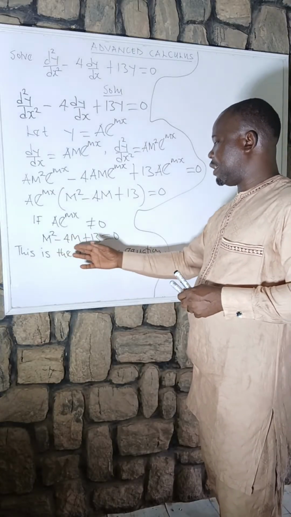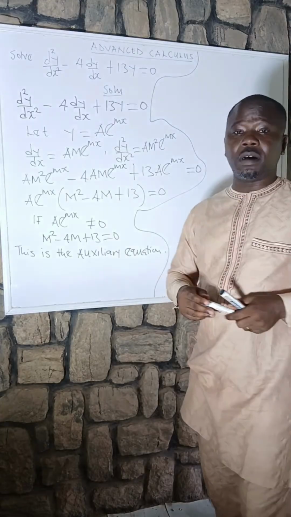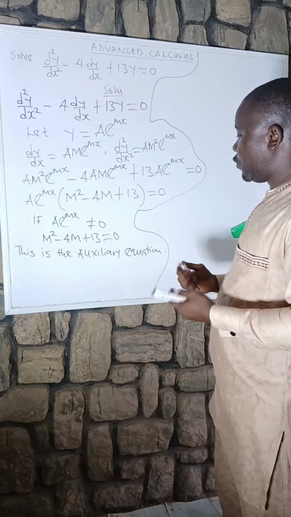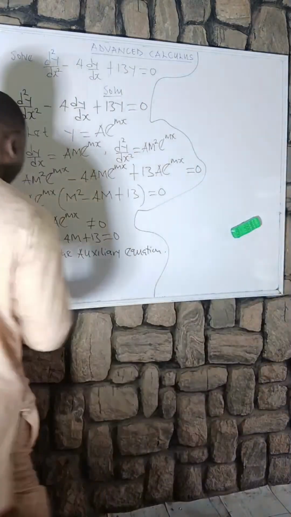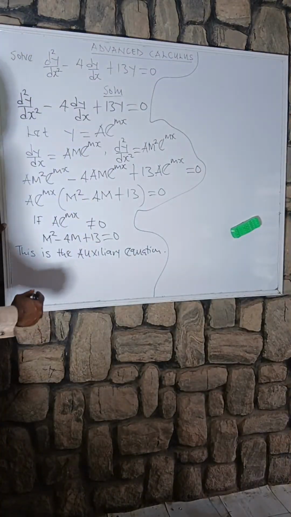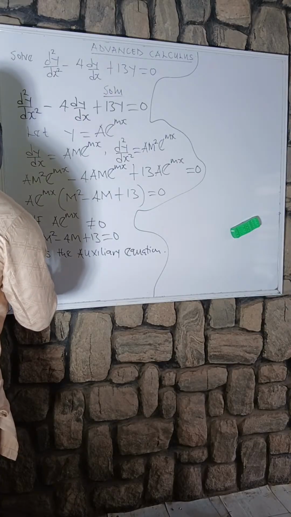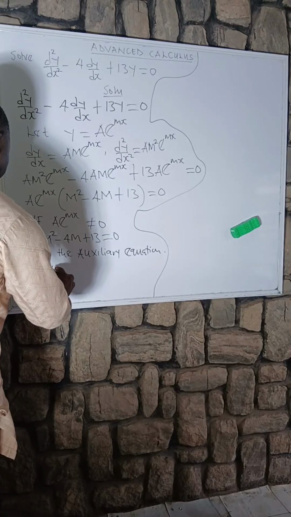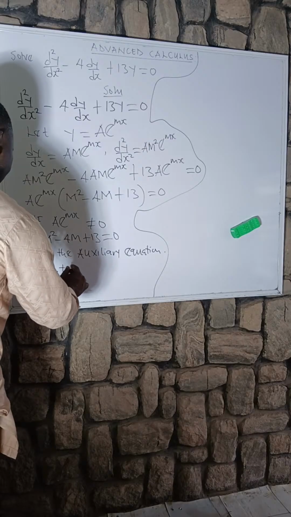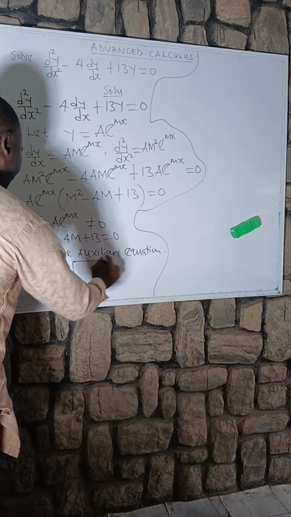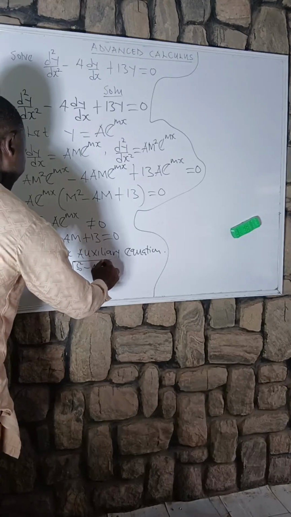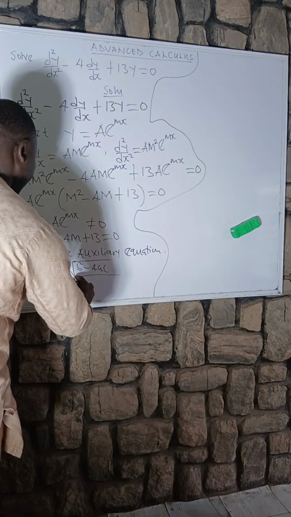We can use either the formula method or the factorization method. If we use the formula method, our m is equal to minus b plus or minus the square root of b squared minus 4ac, all over 2a.